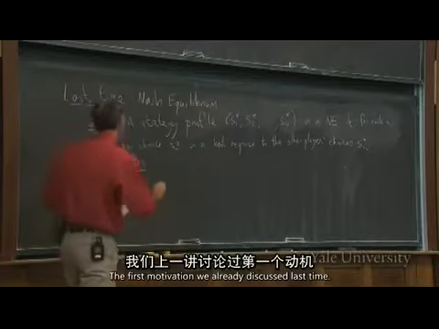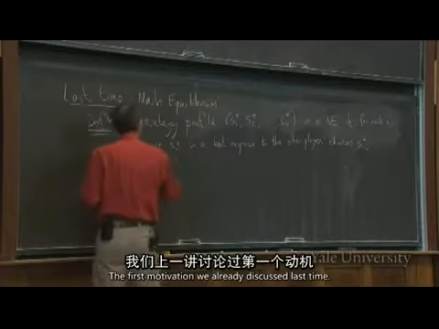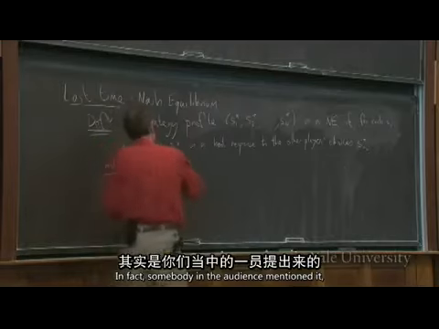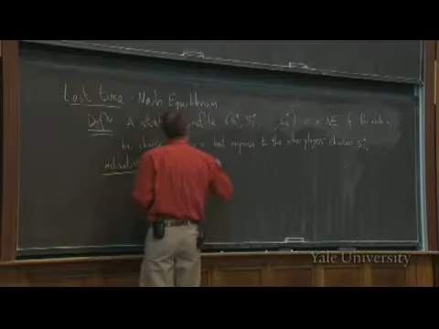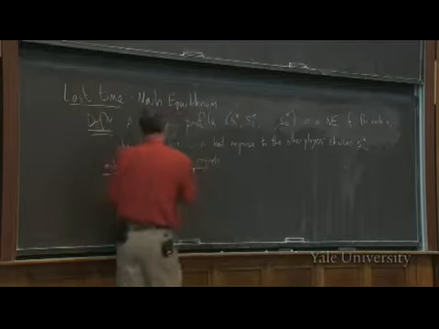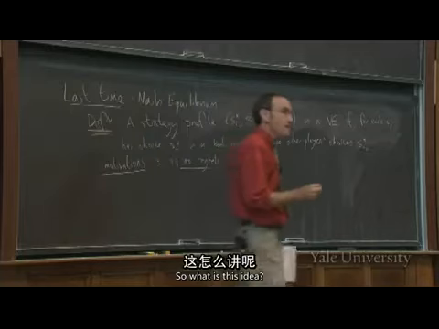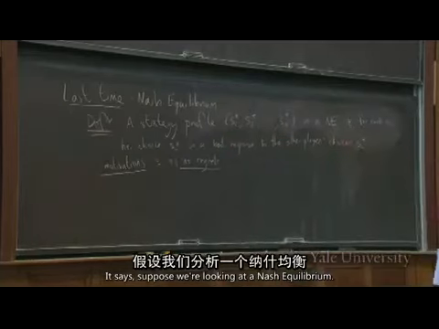All right, the first motivation we already discussed last time. In fact, somebody in the audience mentioned it, and it's the idea of no regrets. So what is this idea? It says, suppose we're looking at a Nash equilibrium.